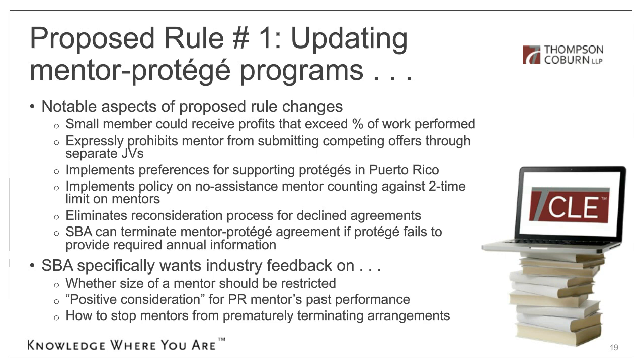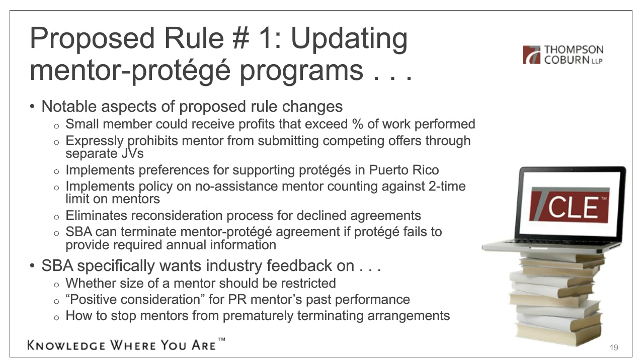And so for small businesses who found themselves in a mentor-protege relationship with a mentor who ended up being a company that provided little to no assistance, those companies were trying to figure out how to deal with that limit, because they still wanted to have 2 actual mentors, and they were finding that the mentor that they had was hurting them in that way, because now they could only have 1 other mentor.